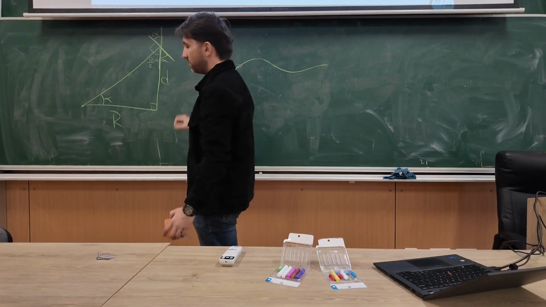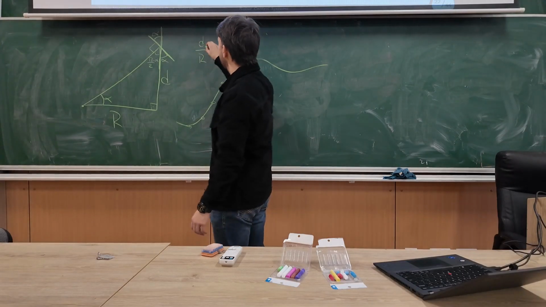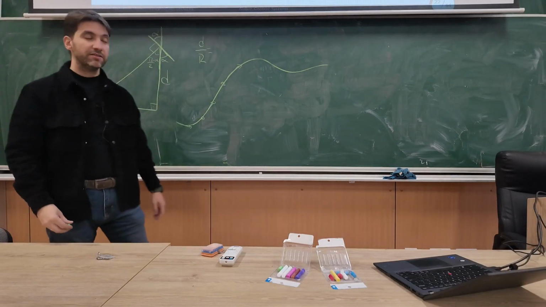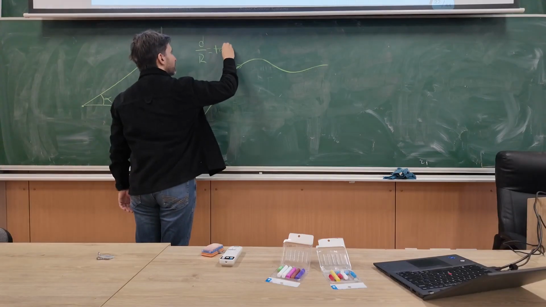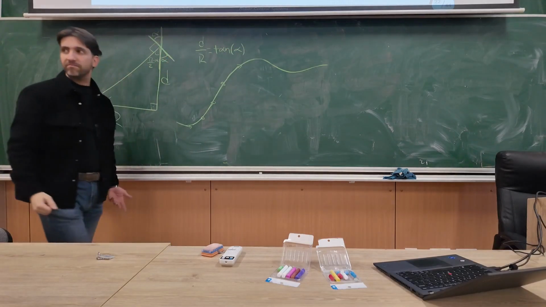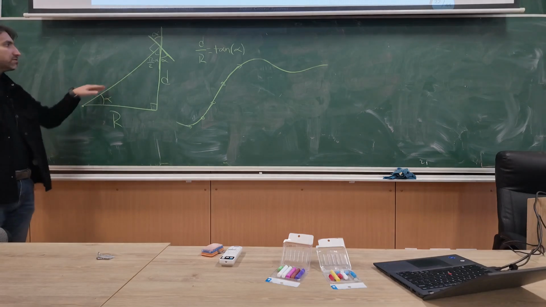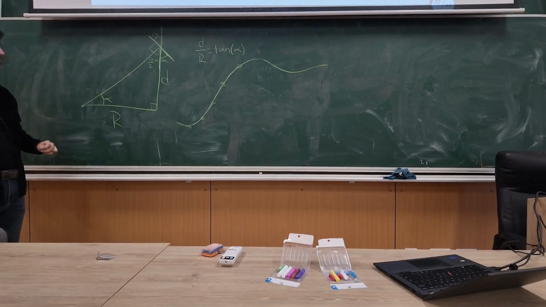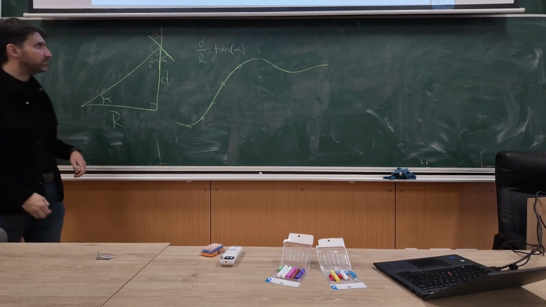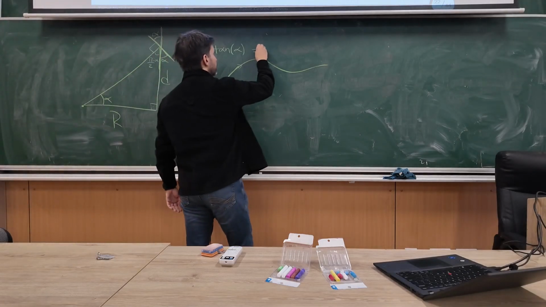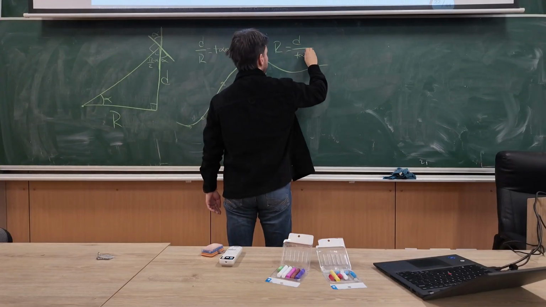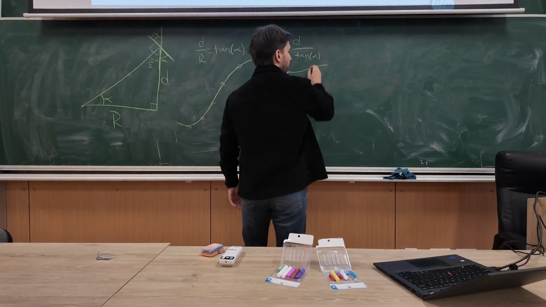D over R is the opposite, alpha divided by pi over 2 minus alpha, which is tangent of alpha, right? I know the angle, I know D, so I can calculate R. So it's tangent of alpha. Great. So R will be basically D over tan of alpha.